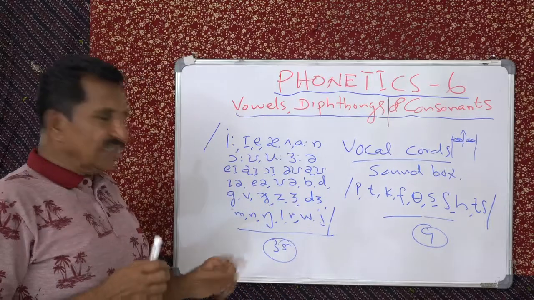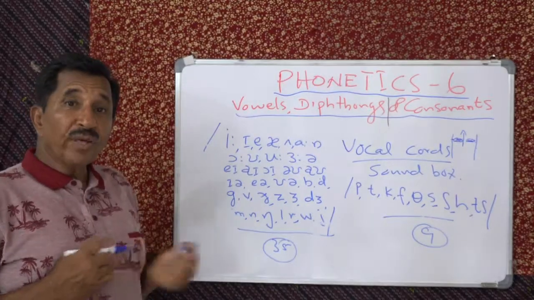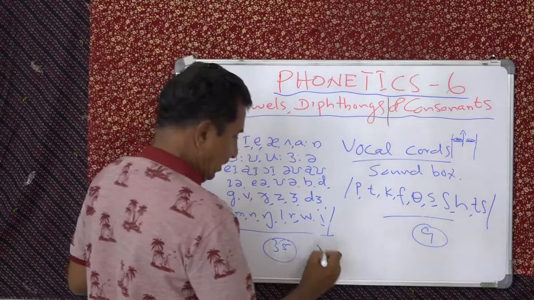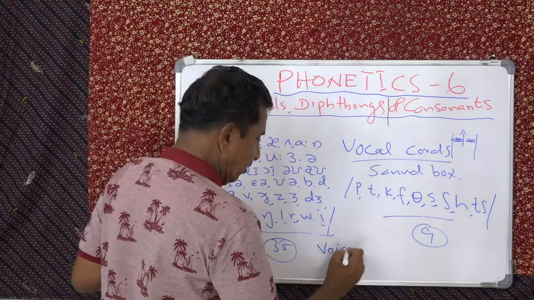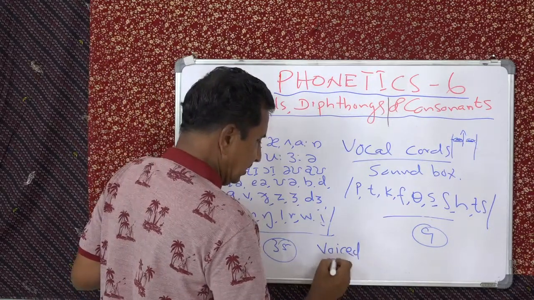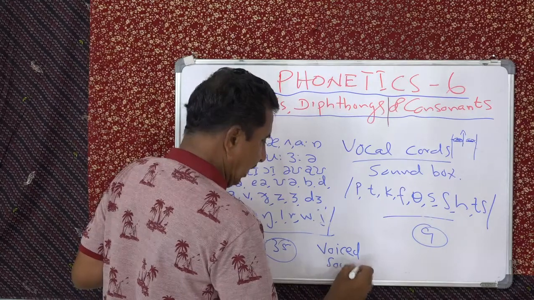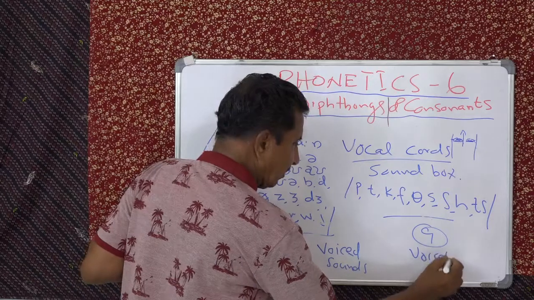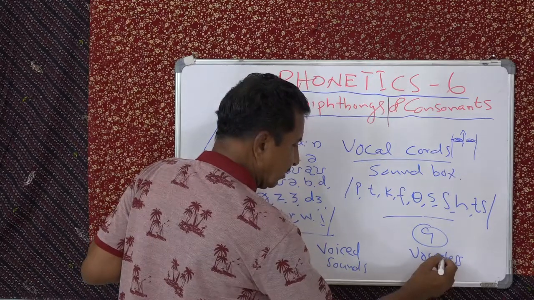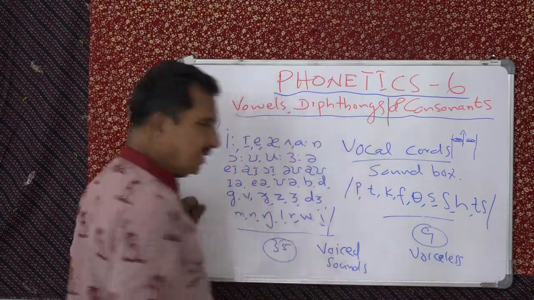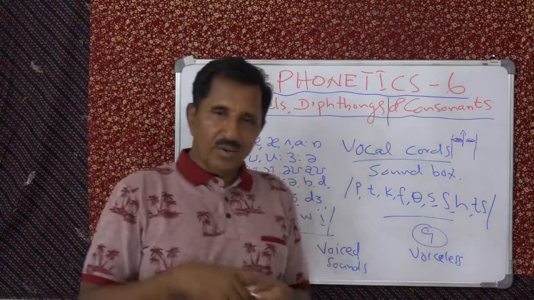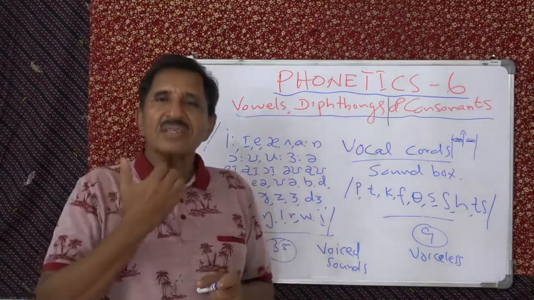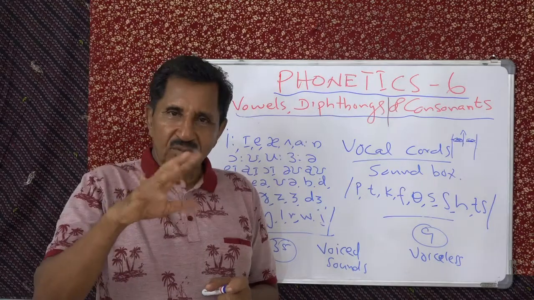Therefore, these 35 sounds are called voiced sounds. And the opposite of that is voiceless sound. Voiceless sound doesn't mean there is no sound. Voiceless means the vocal cords do not vibrate.